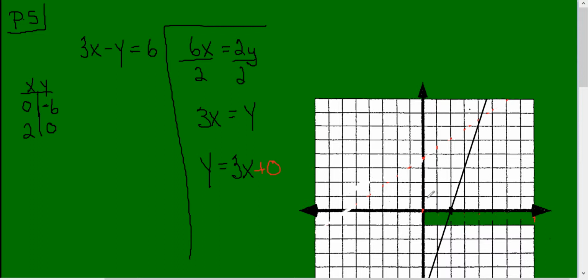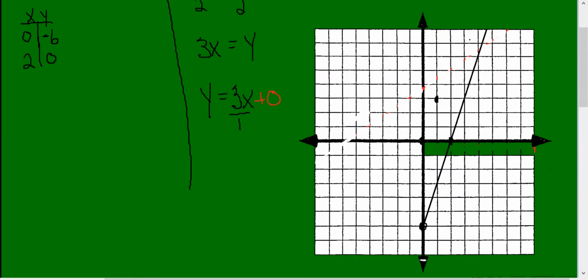So I'm starting with 0 as my y-intercept. My slope is 3. I'm going to go up 3 and over 1, because this is really 3 over 1. Okay, scroll up a little bit. Now, as you can see, when I connect my dots here, I potentially have what kind of lines?